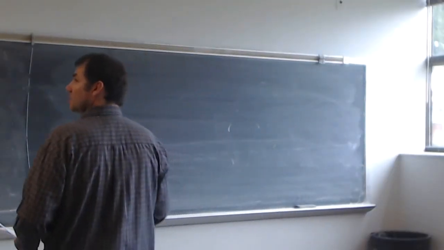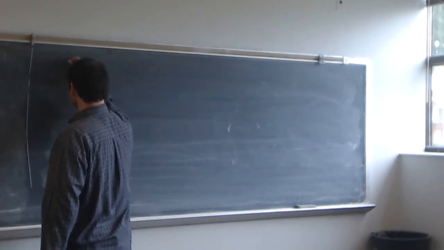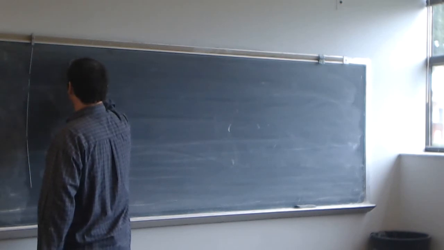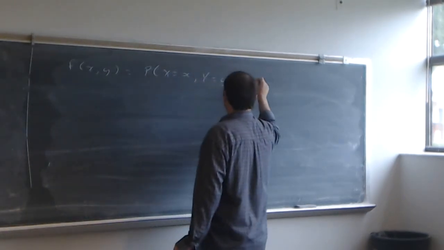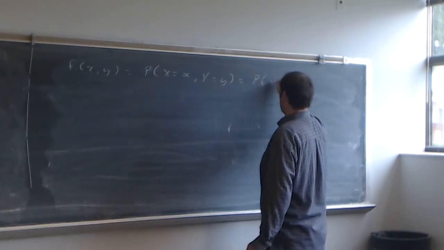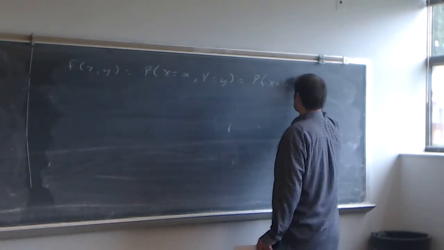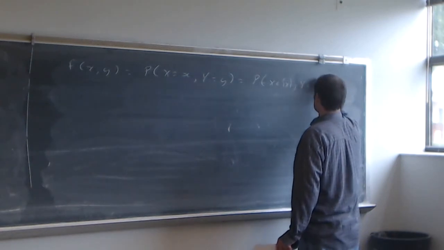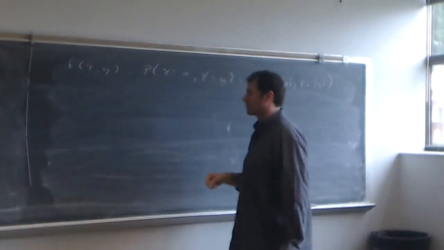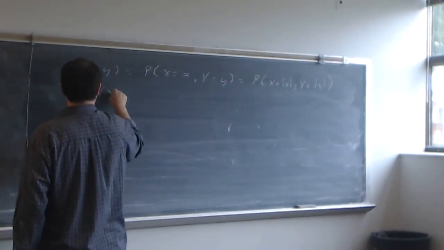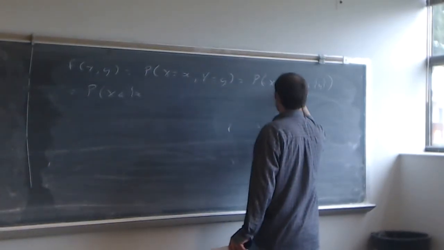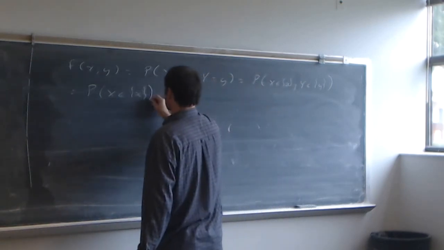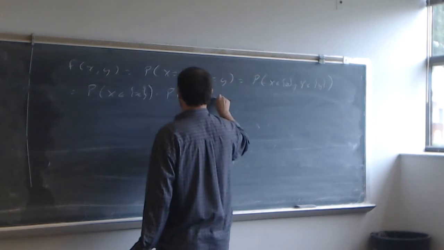We're going to use that original definition to get the result we want. Here's the way it goes. f(x, y) is equal to the probability that X is equal to x and Y is equal to y, which equals the probability that X is an element of the set {x} and Y is an element of the set {y}. And because of independence, that's the probability that X is an element of {x} times the probability that Y is an element of {y}.